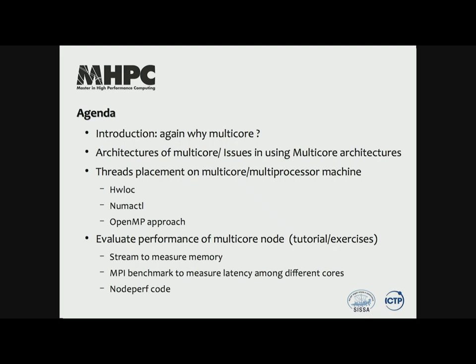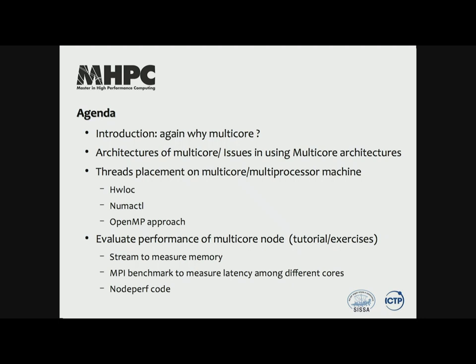I have a tutorial and exercises to evaluate the performance of a multi-core architecture. It's important to have an idea of what you can get out of the micro benchmarks, just to be sure that when you run your application, you are not too disappointed. Vendors tell you that the peak performance of the architecture is such a large amount of gigaflops, and then you try to run and you see that your application is still slow.